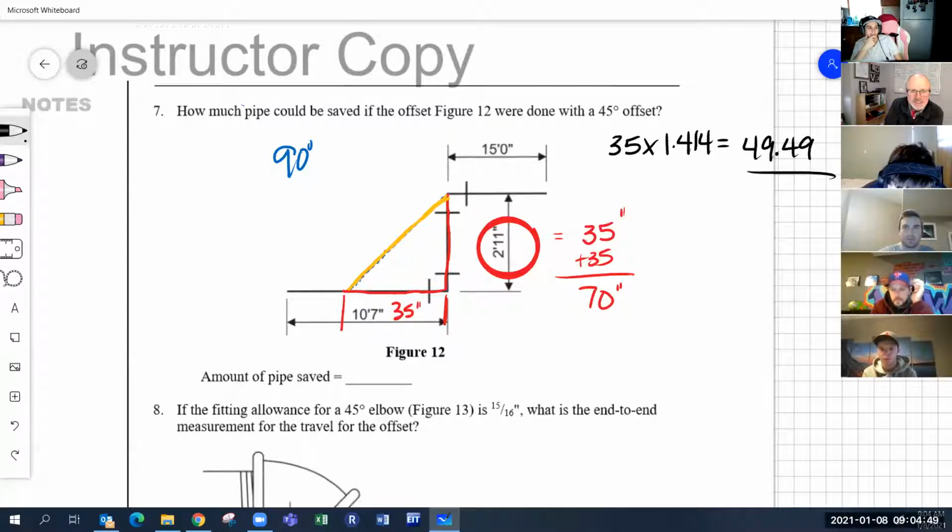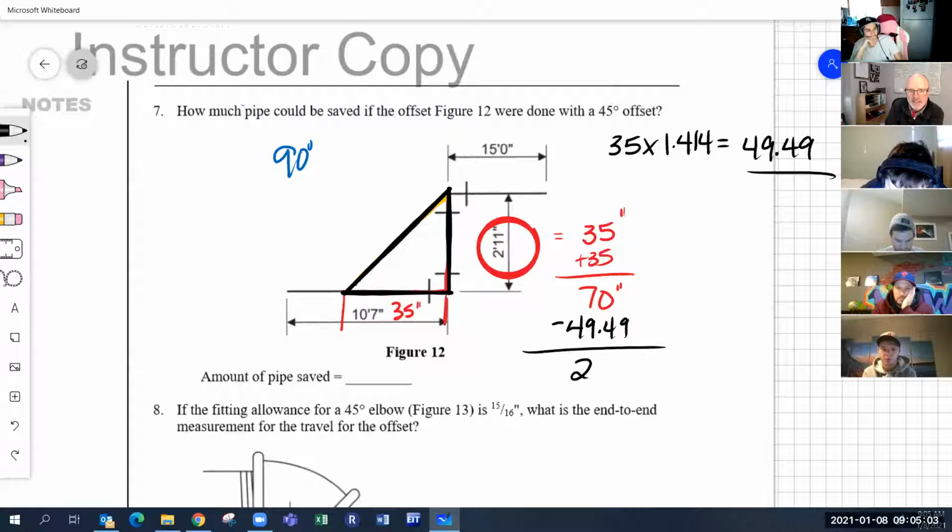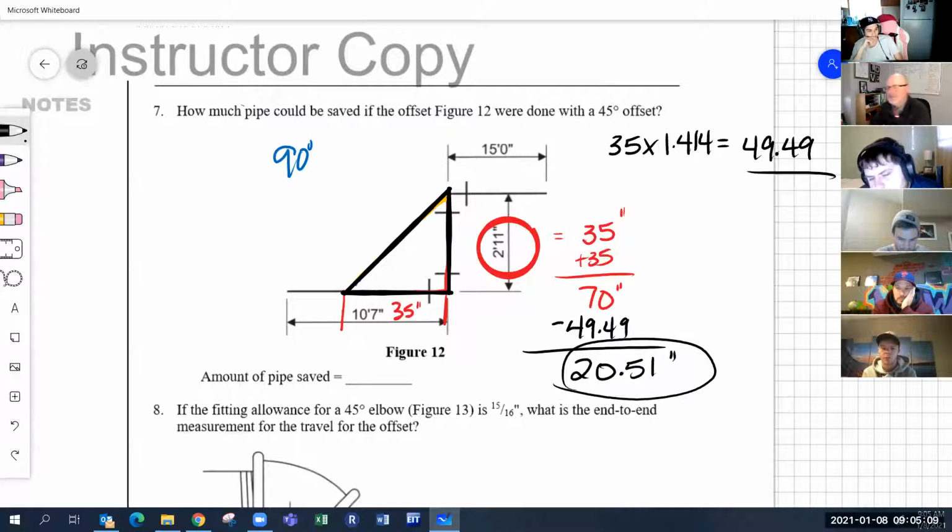So this goes 70 inches if I use the 90s, but if I go this way, I'm only using 49.49. So I'll minus 49.49 off of the 70, and that's going to be 20.51 inches of pipe saved if I use 45s.